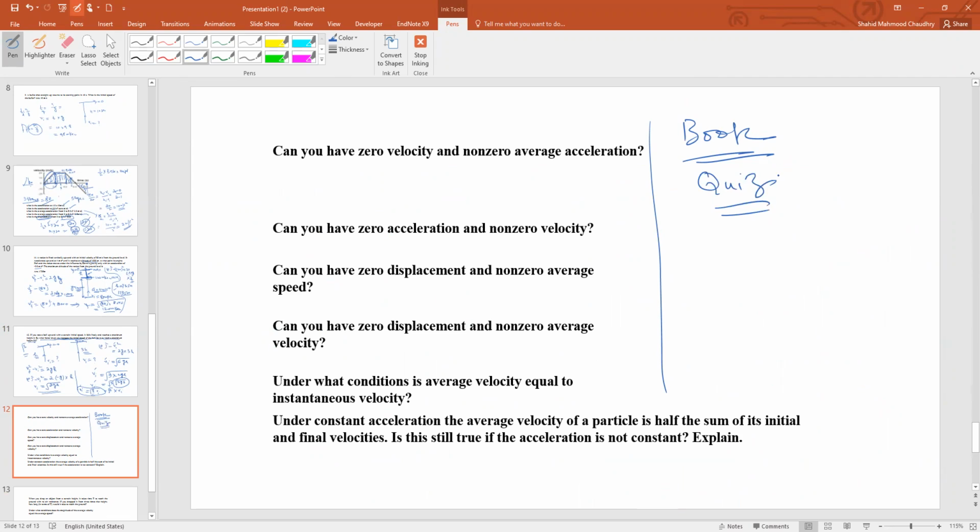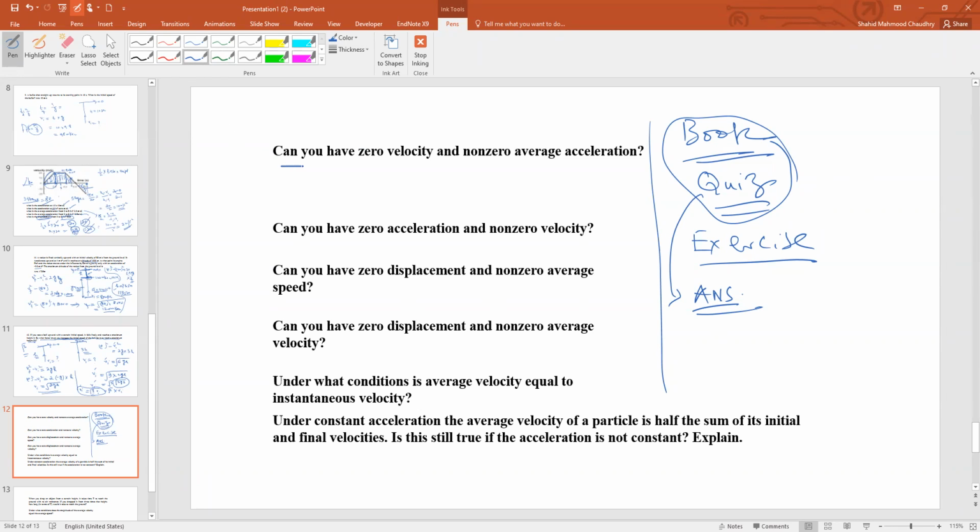In chapter 2 or chapter 1, related to your articles, you must solve these quizzes. When the exercise ends, they have given the answers of these quizzes. So prepare these quickly. This is very important. Sometimes they have given two questions from these quizzes.